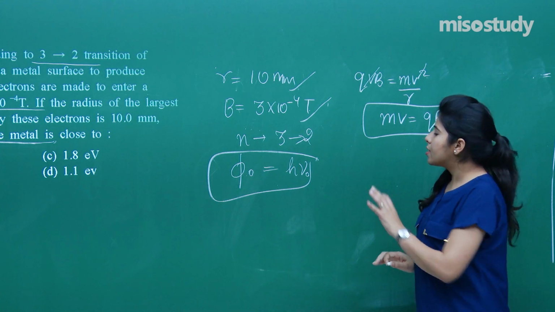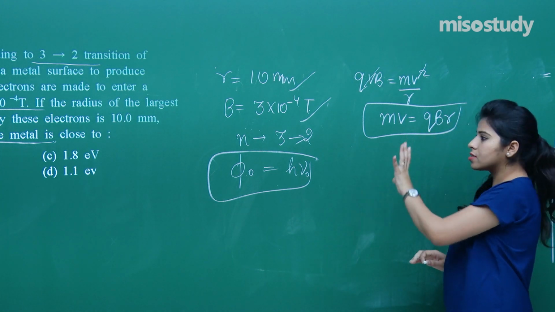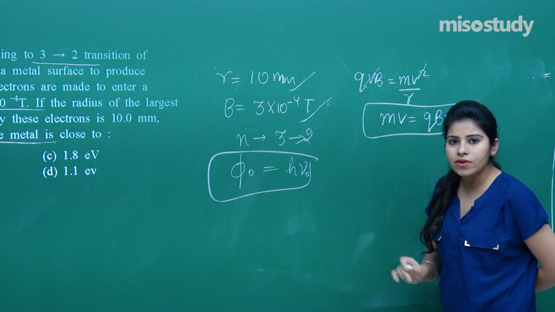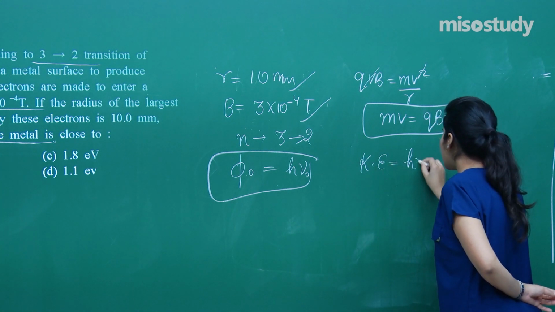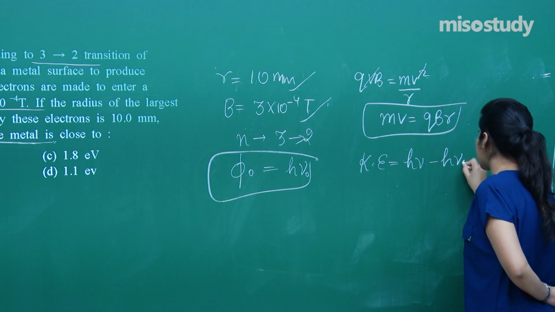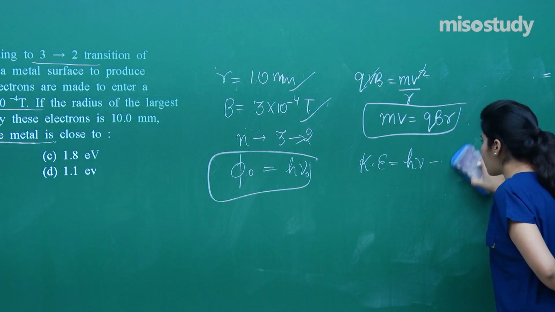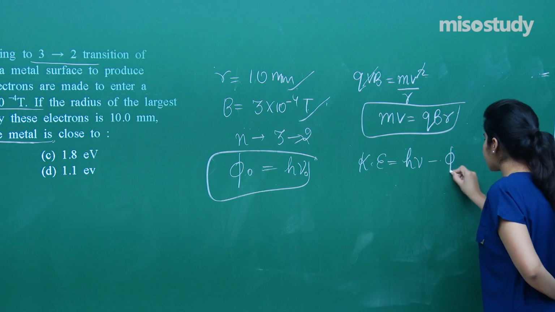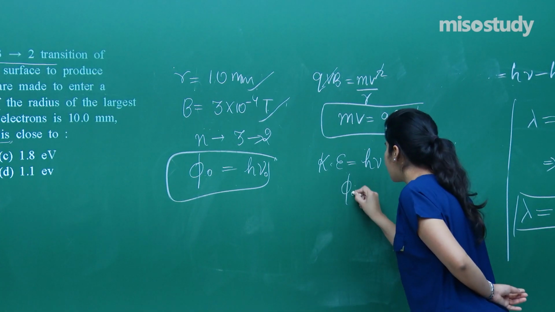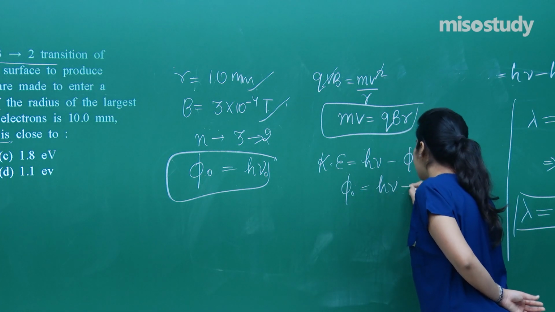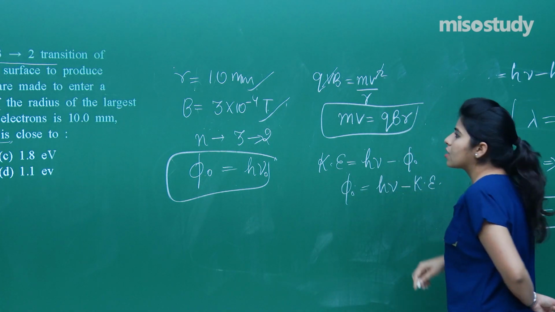I have just found this. Now, to find the work function, I will be using kinetic energy equals h nu minus h nu naught, or you can write this as phi naught simply. To find phi naught, we can have h nu minus kinetic energy.